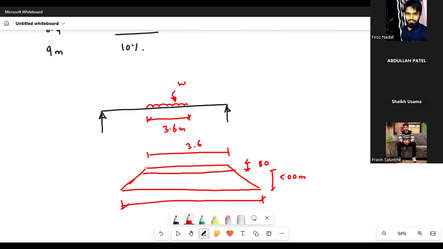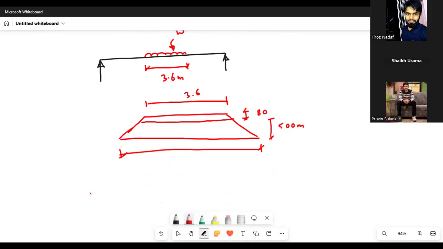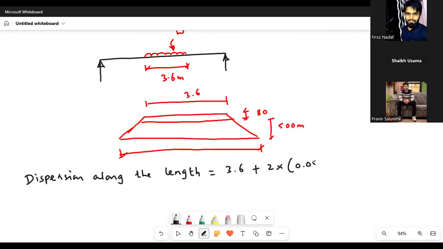Since it is dispersing at a 45-degree angle, what will be the dispersion length? I will tell you. Write down this: dispersion along the length equals 3.6 plus 2 into (0.08 plus 0.5).